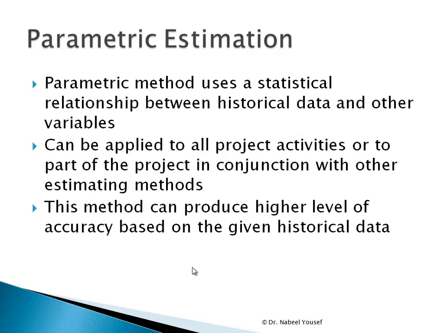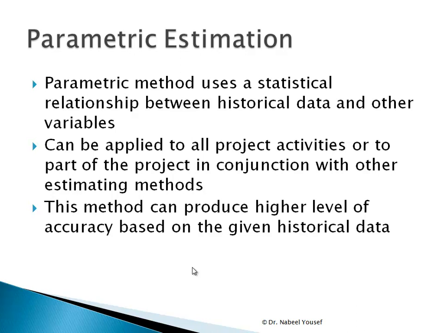In parametric estimation, it uses a statistical relationship between historical data and other variables. So it can be applied to all project activities or to part of the project activities in conjunction with other estimation tools. For example, if I have 3 or 4 activities where the cost has been estimated using these techniques, then another 2 or 3 activities using the analogous, and then another 5 using expert judgment, and so on.